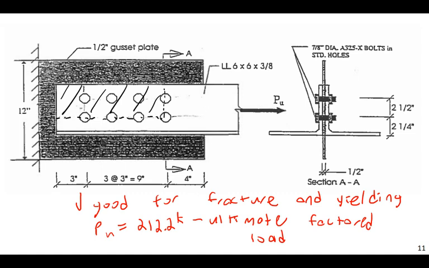I couldn't physically tear away just this piece because that would leave these bolts still holding onto this thing. I have to tear out every single bolt. You might ask, what if I tear this way? But then I would have to be tearing out through the two flanges of our angles. That would mean a much greater cross-sectional area would be failing, so that's probably not going to be critical.